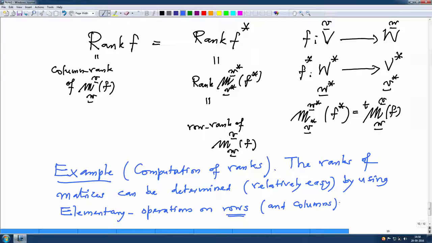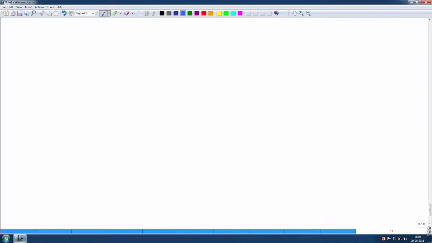So, what does one mean by this? Let A be a matrix whose rows are numbered by I, columns are numbered by J, entries in the field K, and I, J are finite sets.